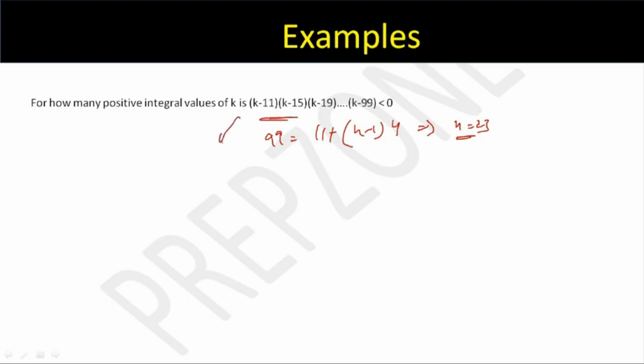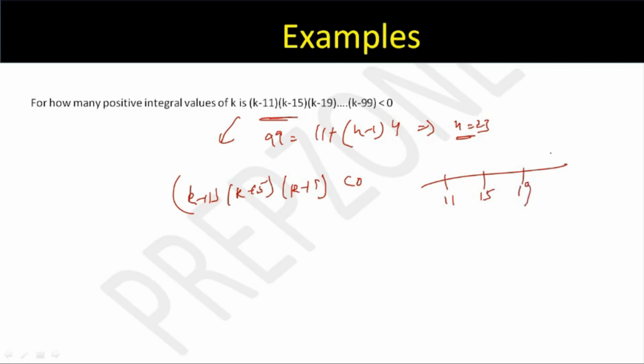So maybe I'll just take 3 terms and then try to find the pattern. Is some pattern forming in this? 15 and k minus 19 less than 0. If this holds, what will my answer be? 11, 15, 19. My answer will be k has to be less than 11 union 15, 19.